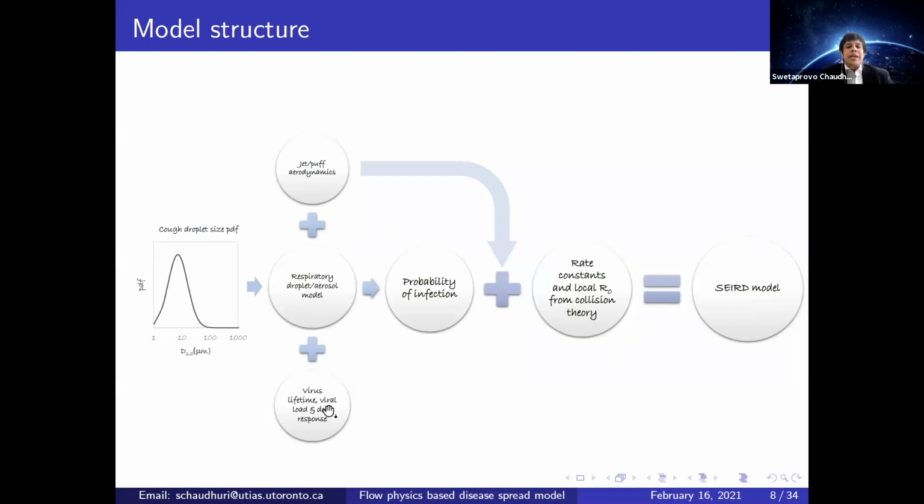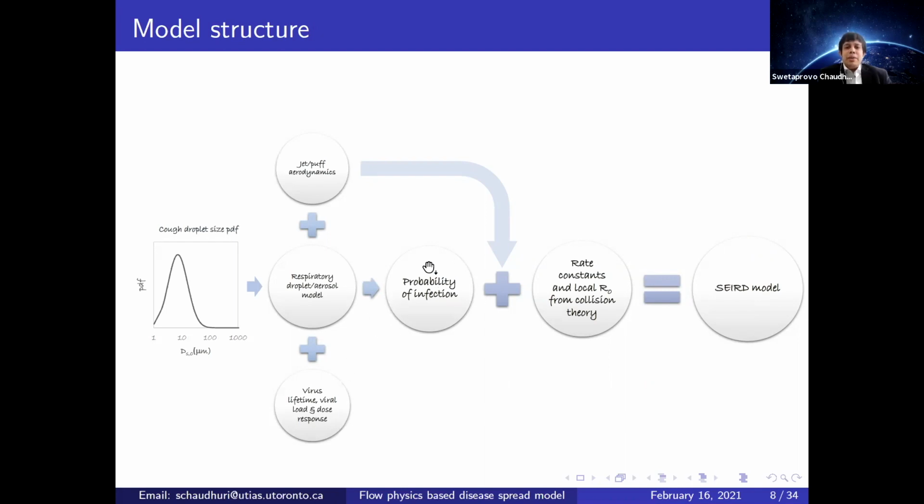Extremely important is the viral load, that is the number of viral particles per unit volume of the liquid that is being injected. And we also need to include a dose response model, and all this coupled will determine the probability of infection.